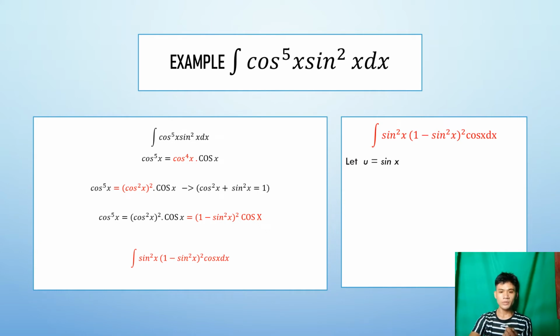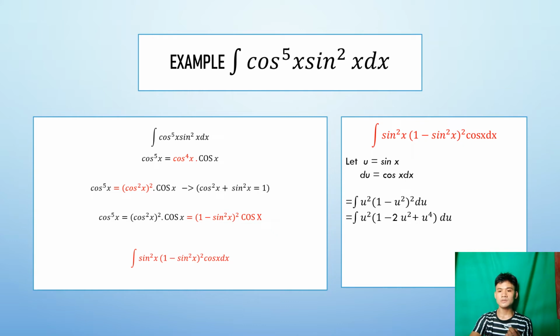We let u be equal to sine x, we let du be equal to cosine x dx, and then we rewrite the given using the two variables. So we have the integral of u squared, quantity of 1 minus u squared, squared, du.